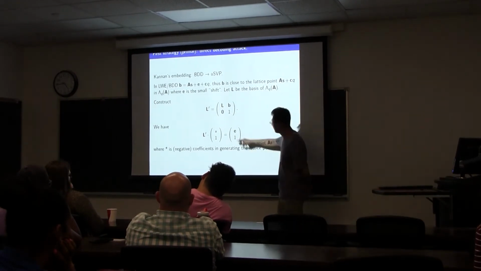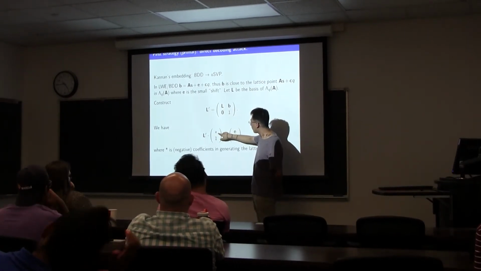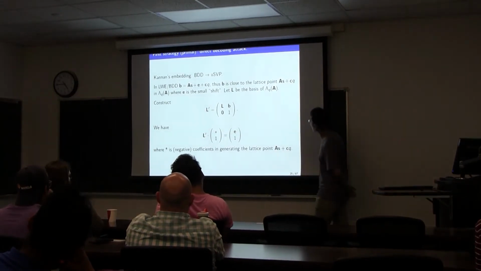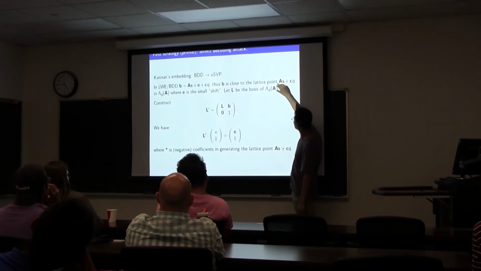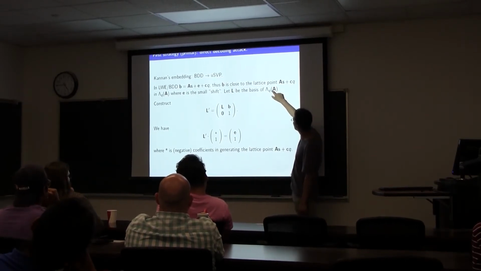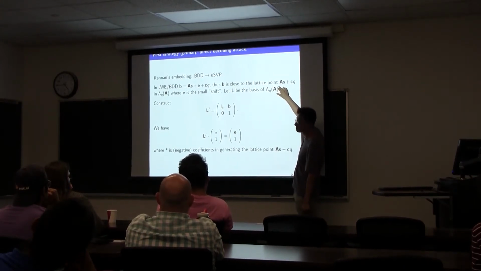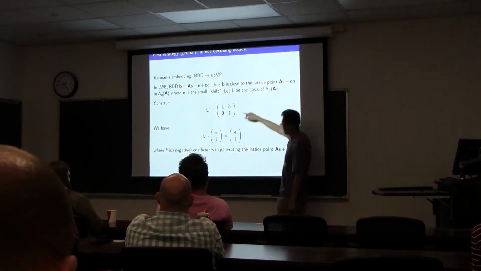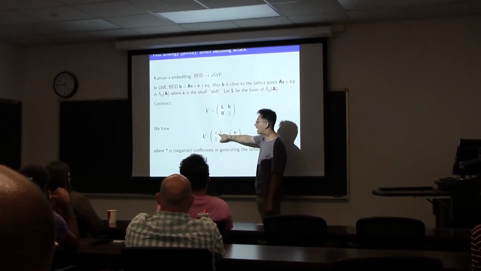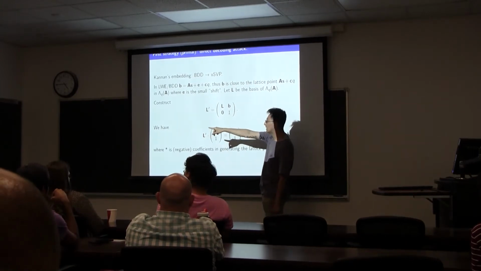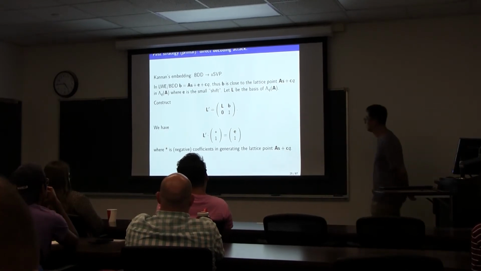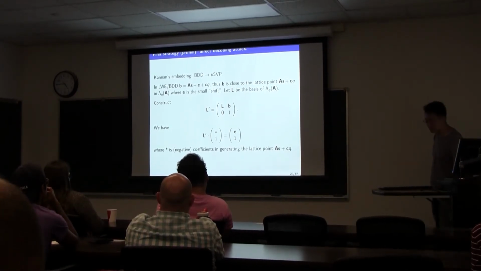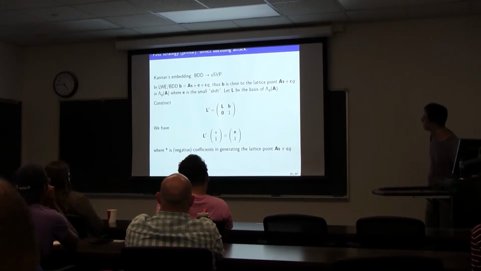Then if we multiply L prime by the vector, where the star denotes the coefficients of the closest vector to B on top of the basis of this lattice, we eventually recover B minus AS, which essentially gives me E mod Q. So that's how we construct this embedding.